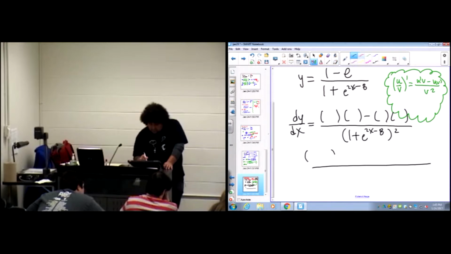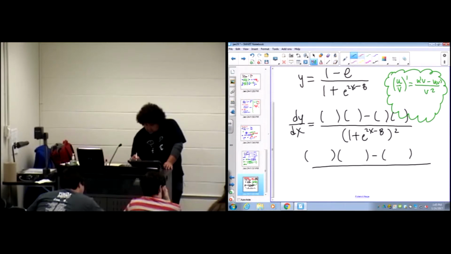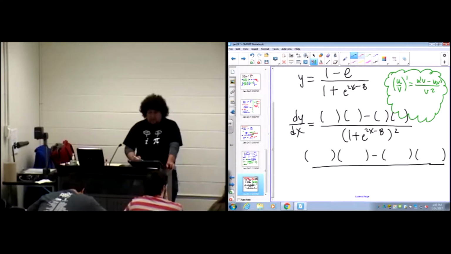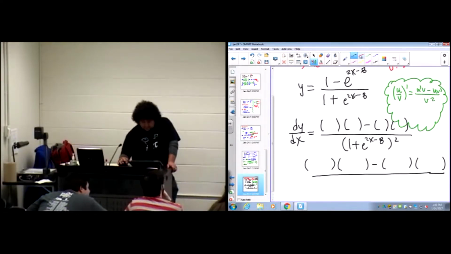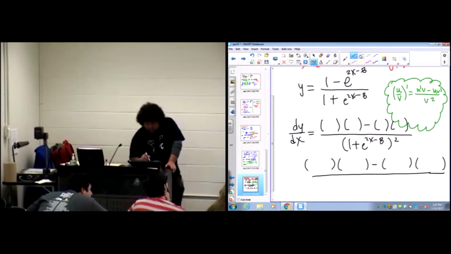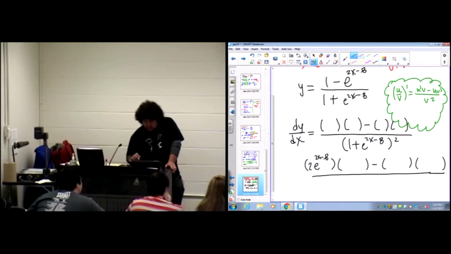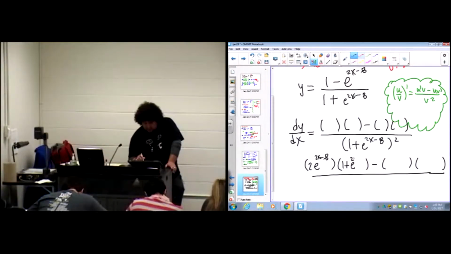And the next factor is exactly the same denominator, 1 plus e to the 2x minus 8. The next one would be, bless you, 1 minus e to the 2x minus 8, and this factor would be the derivative of the denominator, which would be 2 times e to the 2x minus 8. So it's looking like this. I have a square of the denominator. I'm not going to write it quite yet. We can cross multiply this.